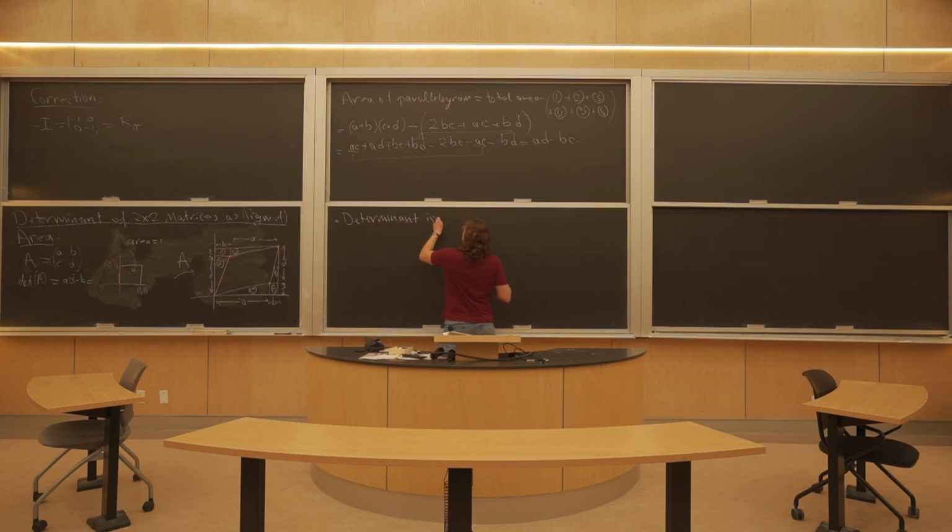The determinant is multiplicative. This means that the determinant of A times B equals the product of the determinants.